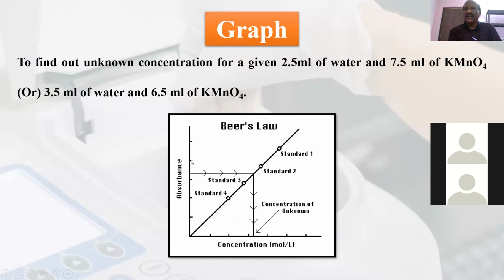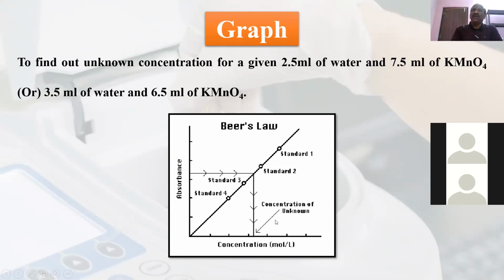After determination, we draw a straight line to the graph and extrapolate from that point onto the x-axis, which is the concentration. By that, with the help of this graph, we can determine the unknown solution concentration.